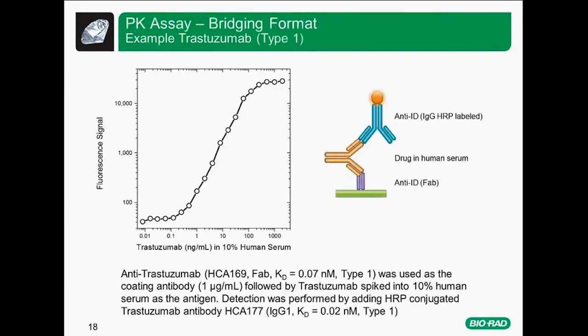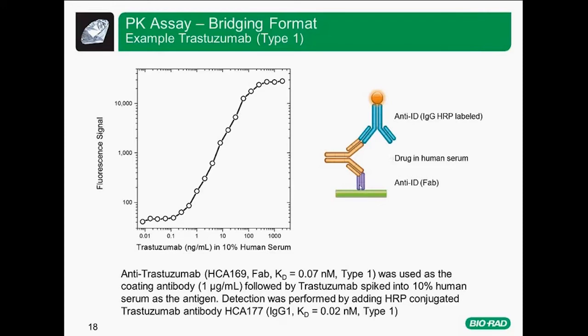Now I would like to show you PK and IR assay data. The first assay data is actually with the antibodies from this maturation, showing you that these high affinity antibodies also lead to very sensitive assays. It's a PK assay in the bridging format.